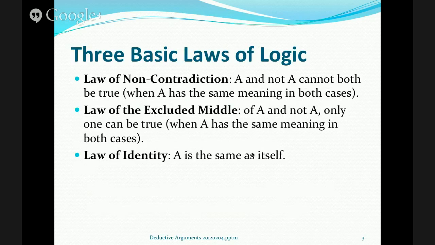They are the law of non-contradiction, that A and not A cannot both be true when A has the same meaning in both cases. Or to say something similar, the law of the excluded middle: of A and not A, only one can be true. And finally, the law of identity: A is the same as itself.